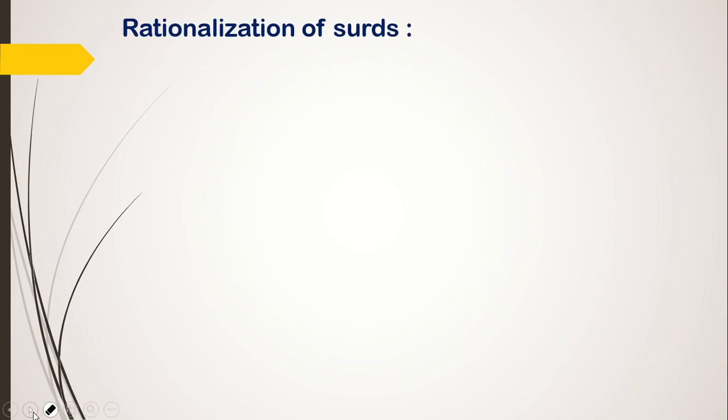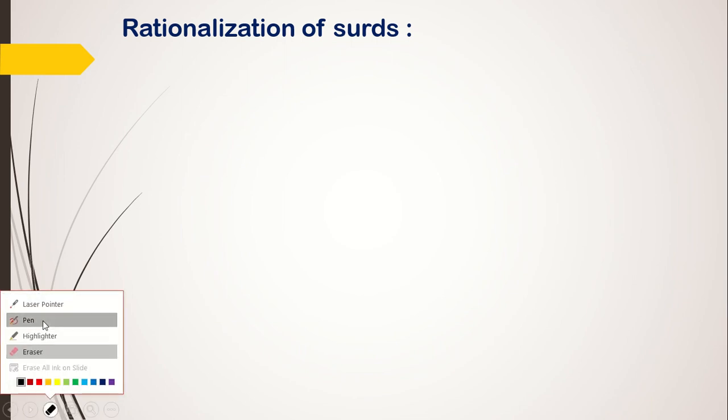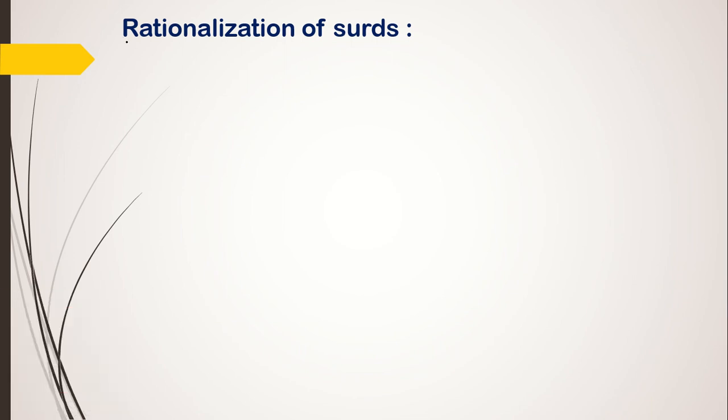Now we will come to rationalization of surds. Okay, so in this word rationalization, what do you understand by the word rationalization? Understand the meaning of the word, and then you will never forget its definition. Okay, this rationalization means a rational number.